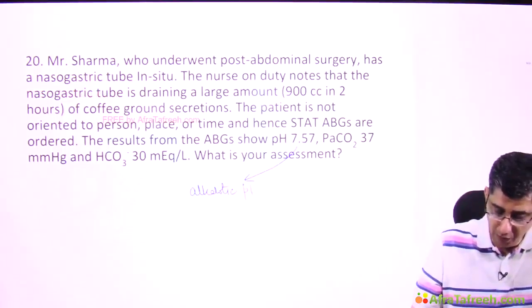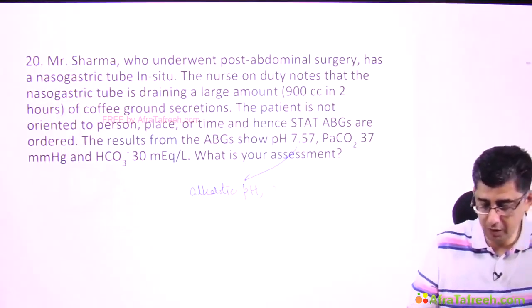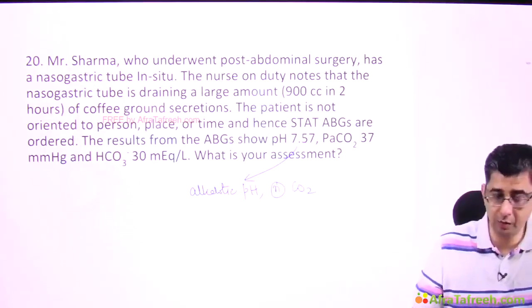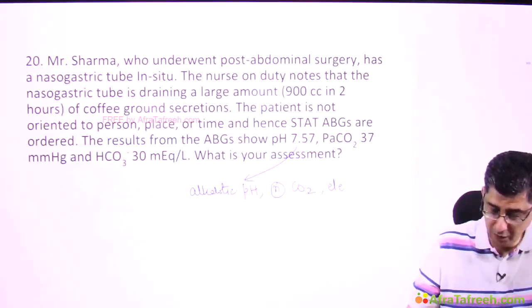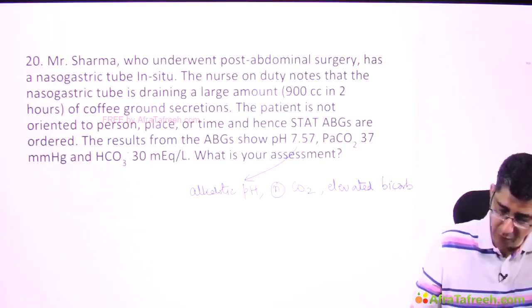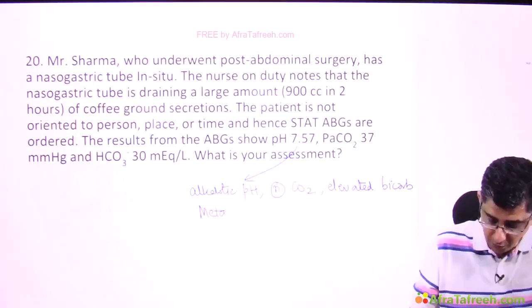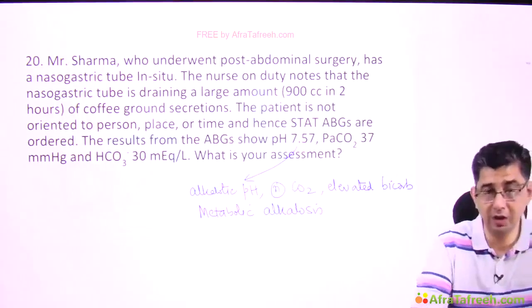In alkalotic pH, the value of carbon dioxide is normal. So a normal PCO2 cannot explain the alkalotic pH of the patient, but there is definitely an elevated bicarb value, which explains that this patient is having metabolic alkalosis. In all patients having metabolic alkalosis, the carbon dioxide values should rise. The patient should develop a compensatory process which is respiratory acidosis.